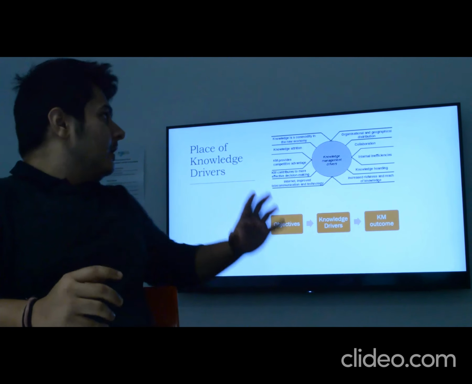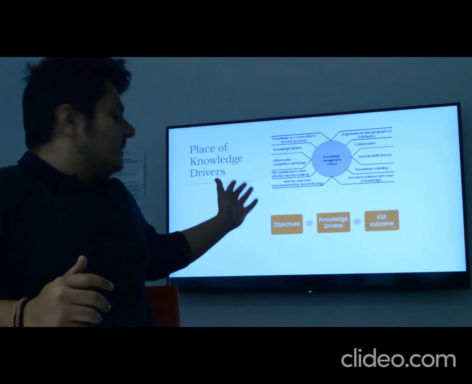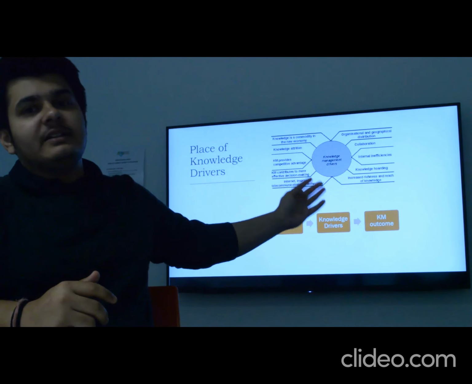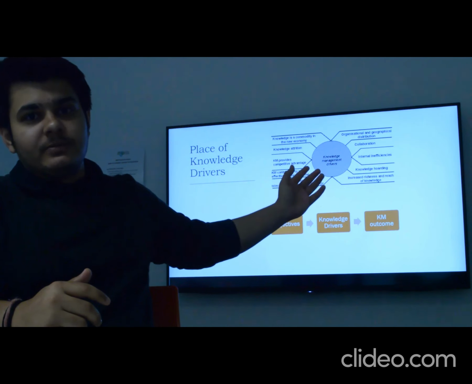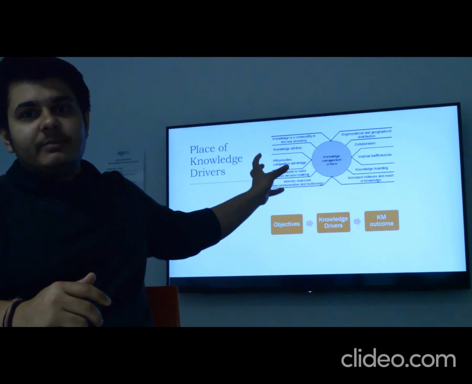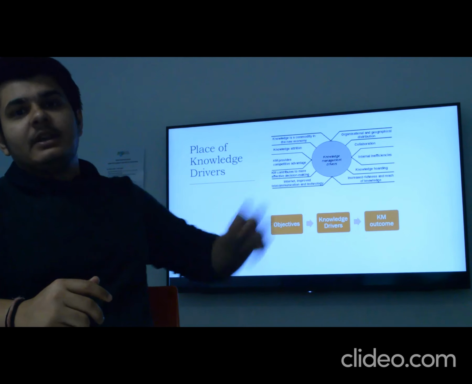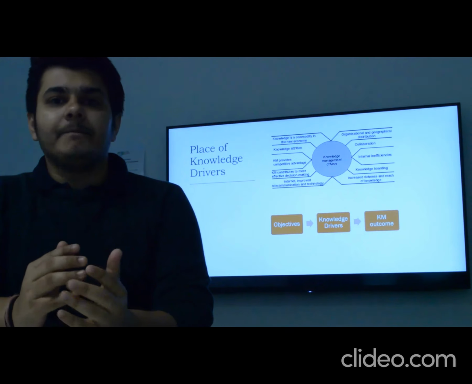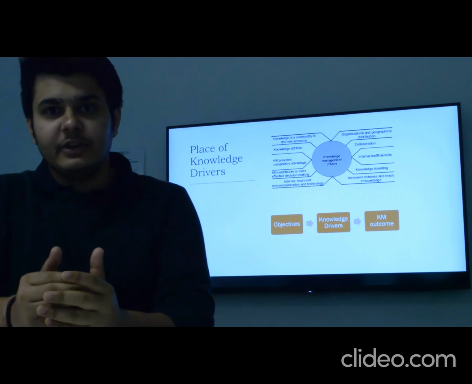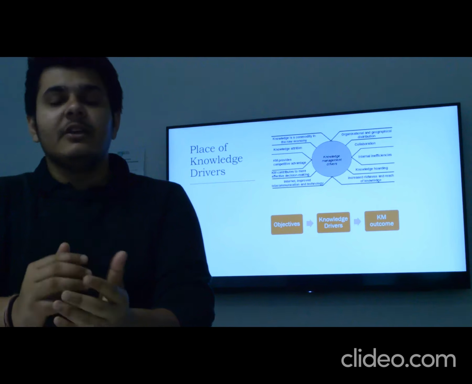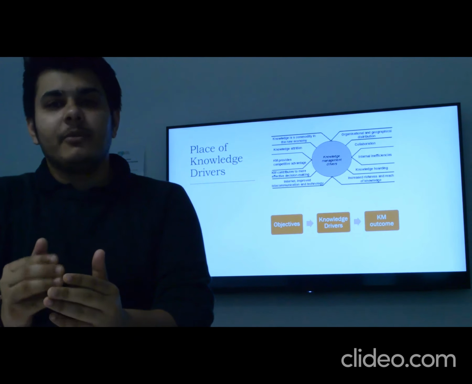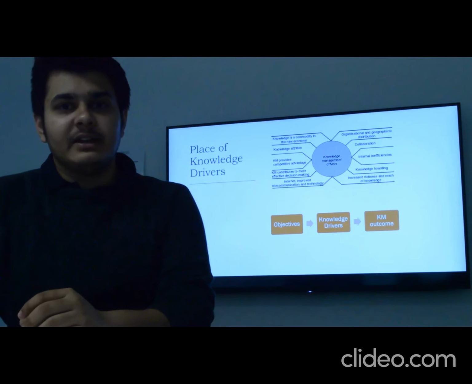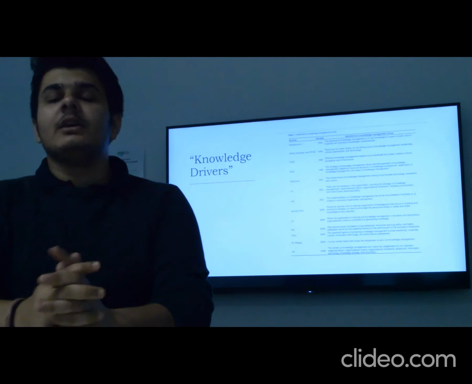In this figure, on the left-hand side there are knowledge management objectives, and on the right-hand side there are knowledge management outcomes. In the middle, the knowledge management drivers take place. Knowledge management drivers are typically the initial phase of knowledge enablers, which help knowledge processes, and knowledge processes create the knowledge management system outcome.